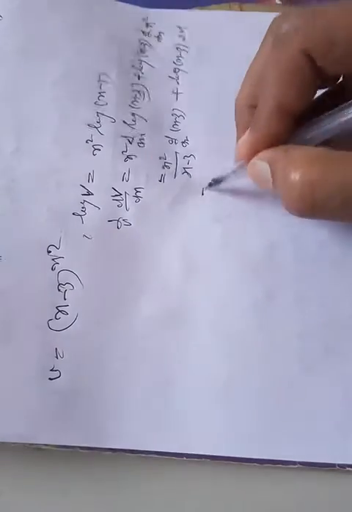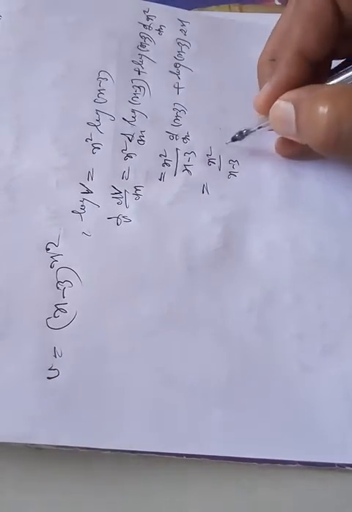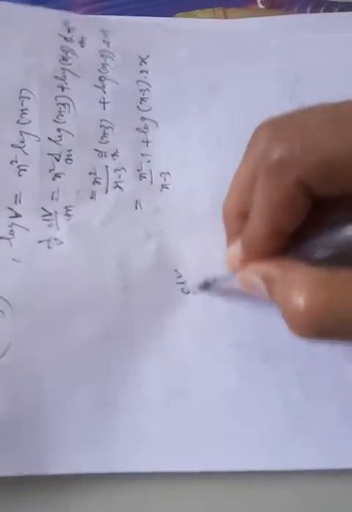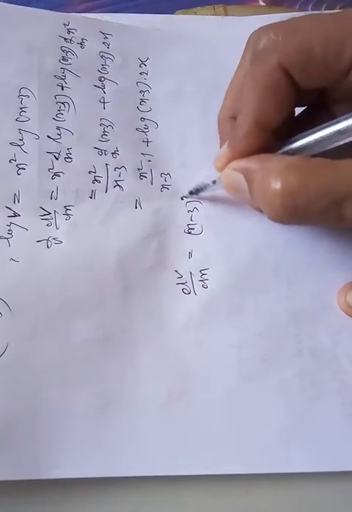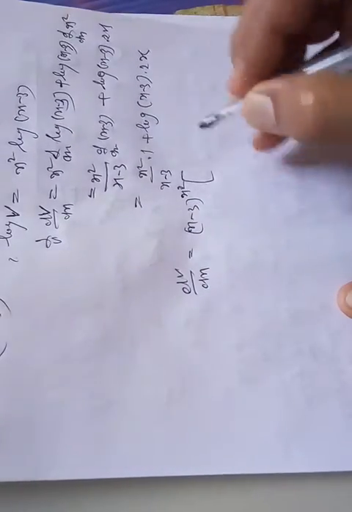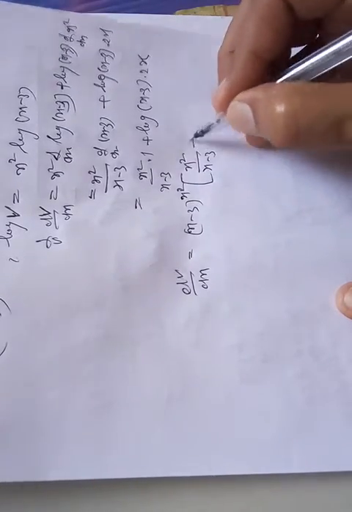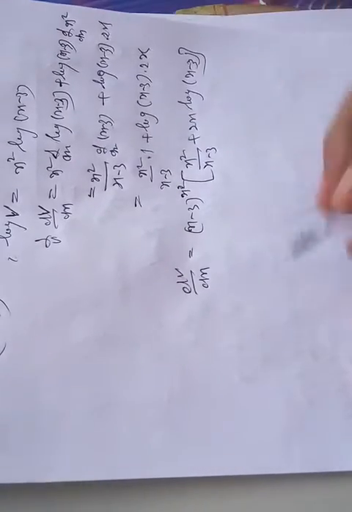So this function: x square upon (x minus 3), d/dx of this, plus log (x minus 3) into 2x. So dv/dx equals v times [x square upon (x minus 3) plus 2x log (x minus 3)], where v is (x minus 3) raised to x square.